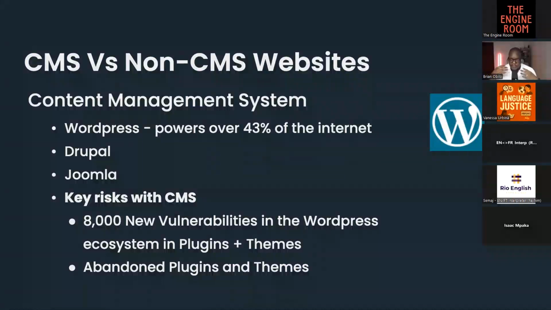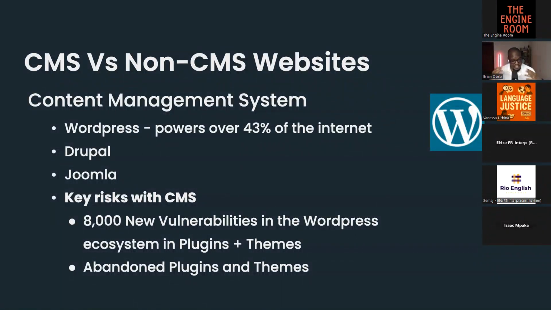I'm sure most of you have interacted with WordPress as a CMS. WordPress is super popular. It powers at least over 43% of the internet, right? We also have other CMSs such as Drupal and Joomla, but from my experience, most of the organizations that we interact with in the space use WordPress.